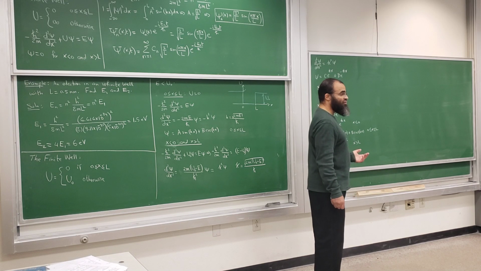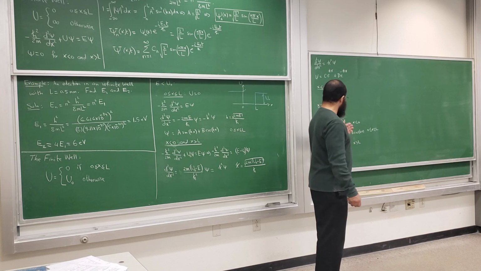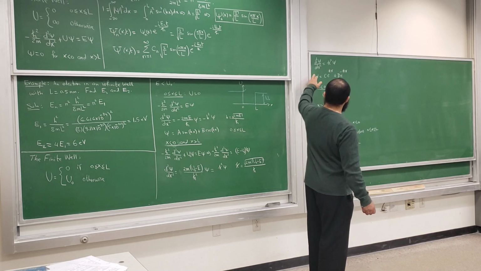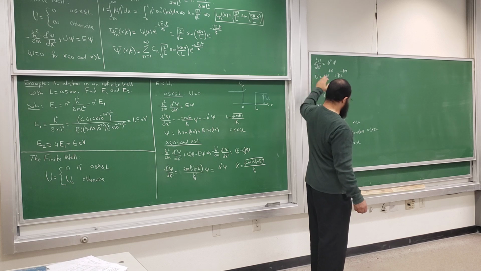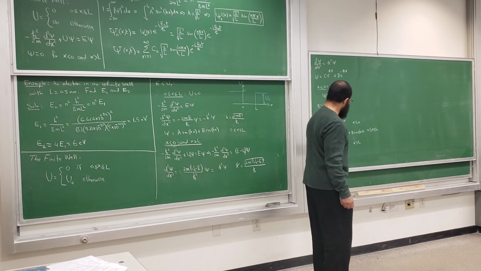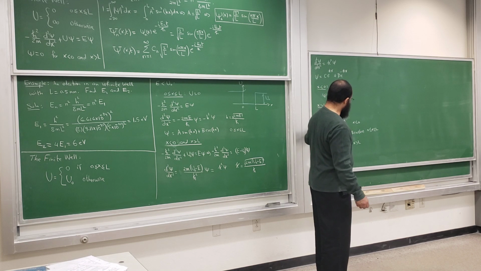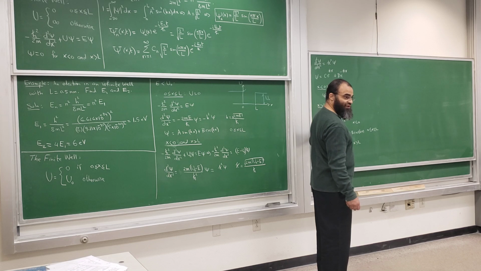The next thing that needs to match also is the derivative. The derivative needs to be continuous because after all you have to take the second derivative. So the first derivative generally needs to be continuous, and so the derivative at 0 needs to be also continuous. So you take the derivative of this at 0 and the derivative of this at 0, and then you match the terms.